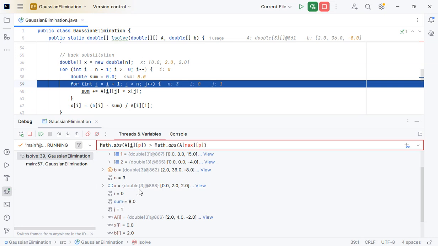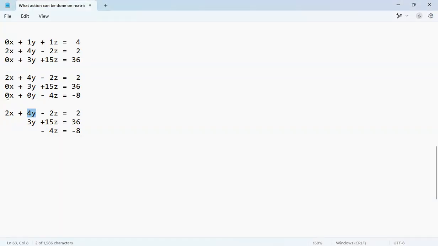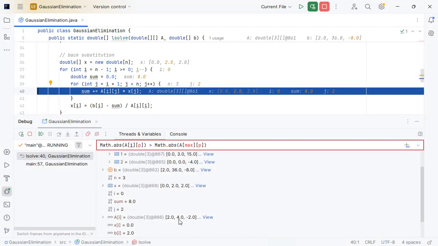And now we are again in this cycle, and we have now j equals 2, so we again go to the sum. And you see here it is sum plus equal. So to 8 we will add this expression, minus 2 times z. And z is how much? 2. And here is minus 2, so we will calculate, it will be something like 4, I think.